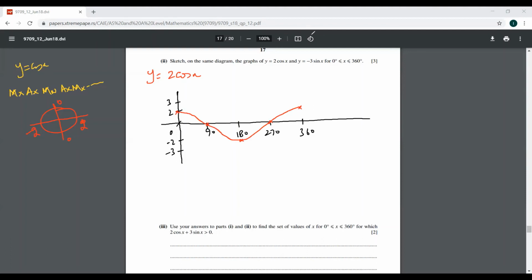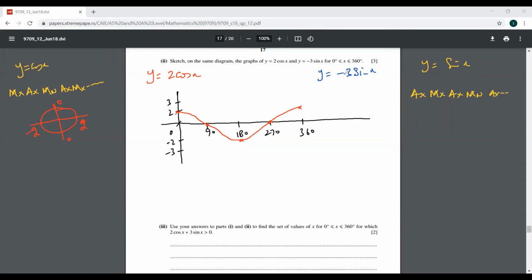Now for the graph of y equals minus 3 sin x, let me keep this in blue. Normally you start from the axis, go up to the maximum, then come down to the axis, then minimum, then axis, and so on.